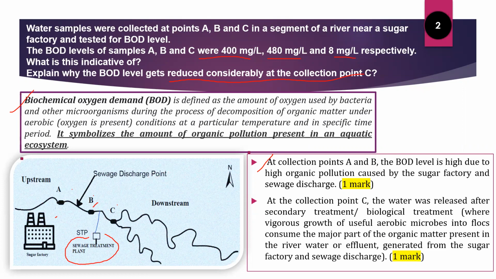When you talk about secondary treatment, a lot of useful aerobic microbes are involved. They consume the major part of the organic matter present in the river water or effluent. Fine. So as a result, the organic pollutant level goes down and the amount of organic pollution is lesser. So the BOD level also goes down.